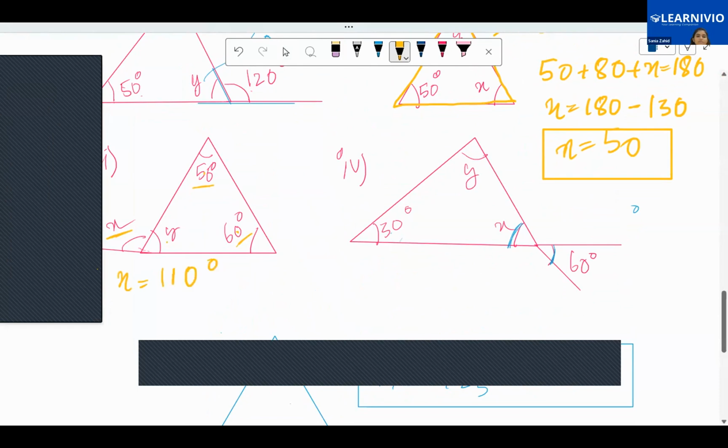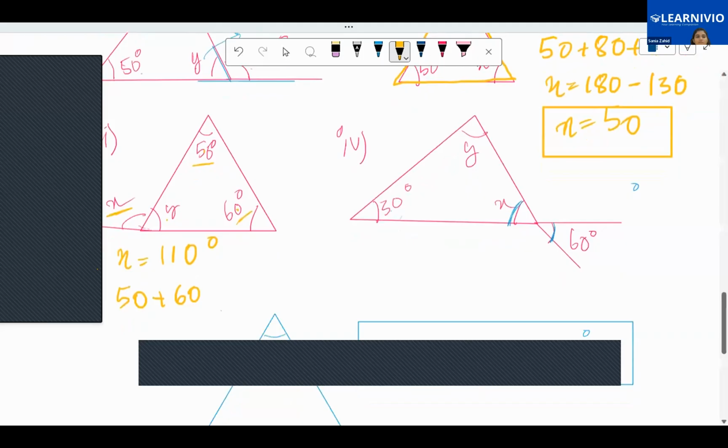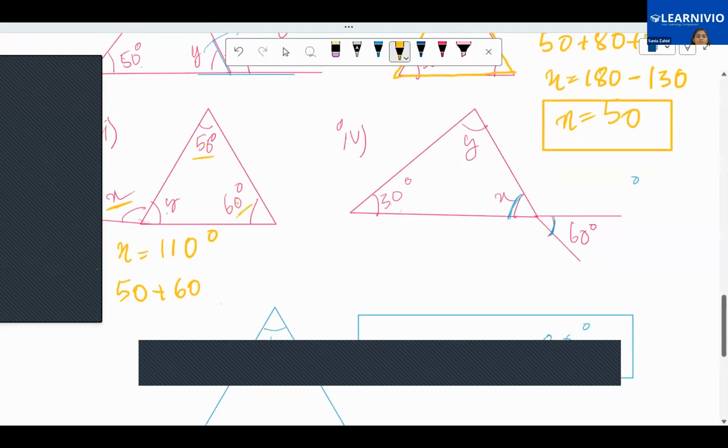Then the second step is for y, y is equal to 180 minus 110, which gives 70.